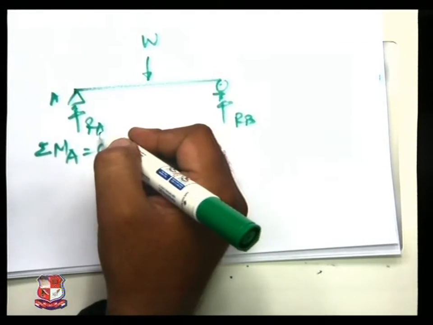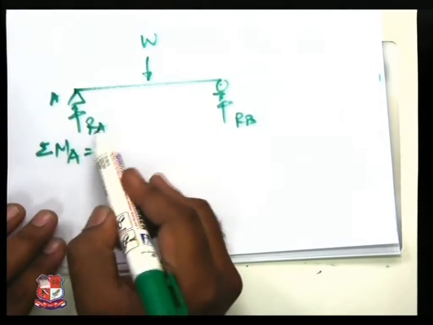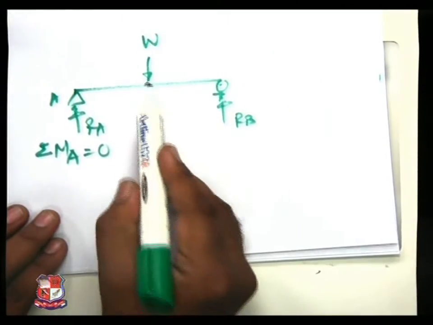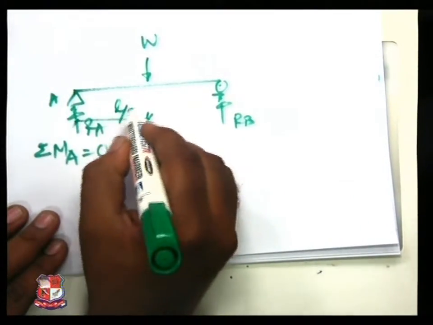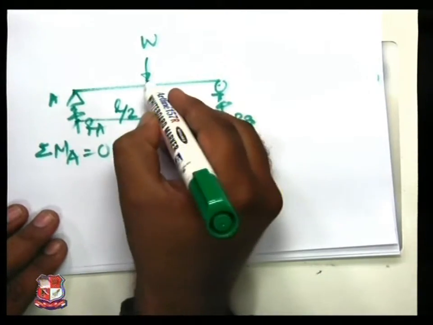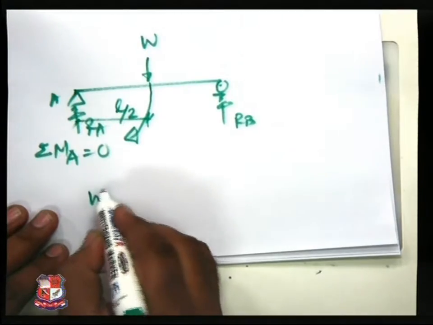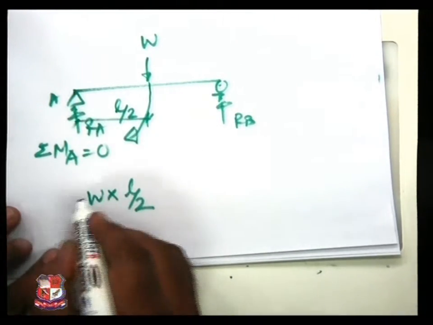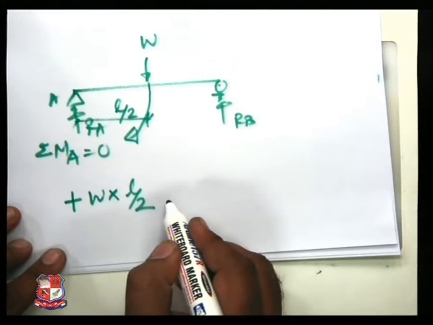What is the moment? Moment is nothing but the force times the perpendicular distance. So RA into 0 is 0. Now W, this distance is L by 2. This creates a clockwise moment. So W into L by 2 creates a clockwise moment, and as per our sign convention, clockwise is positive.